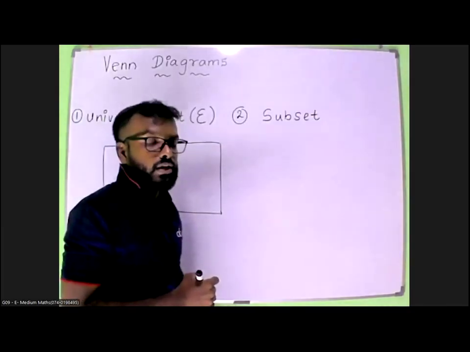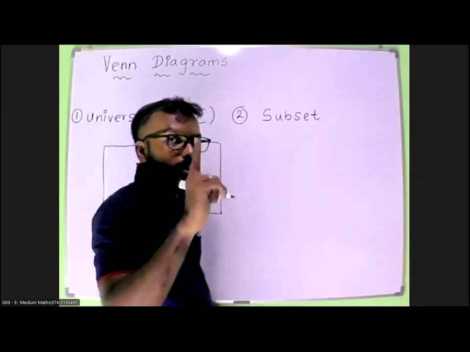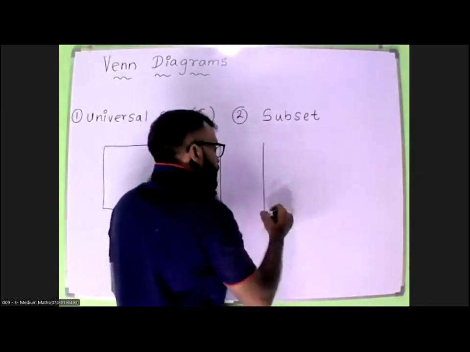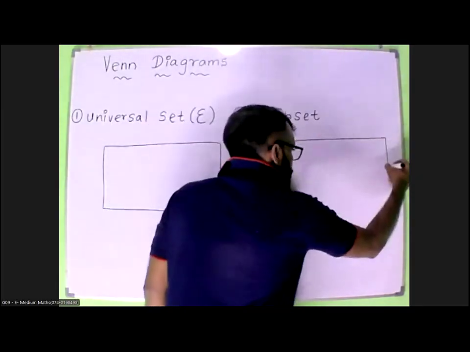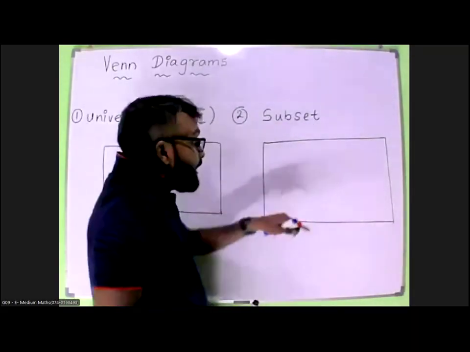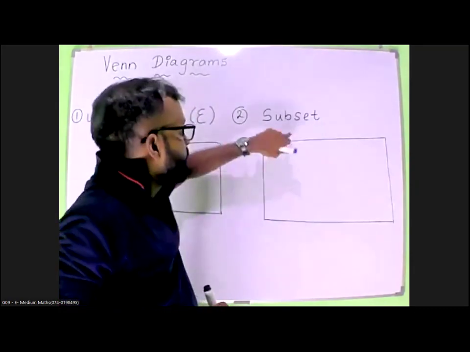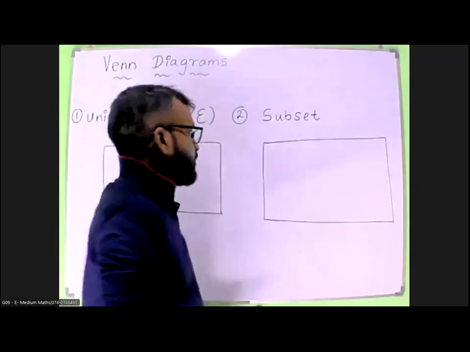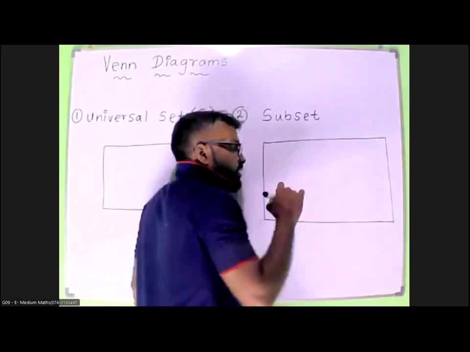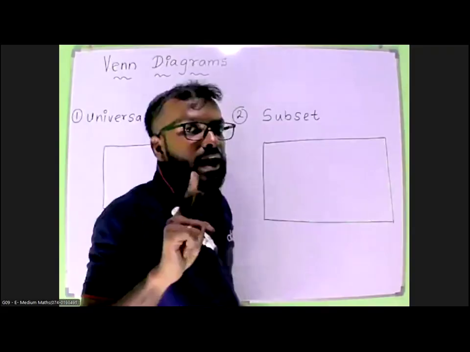First of all, we need to draw the universal thing. Inside this universal set, as I told you earlier, you can represent a subject. To denote a subject, you have to use an ellipse.